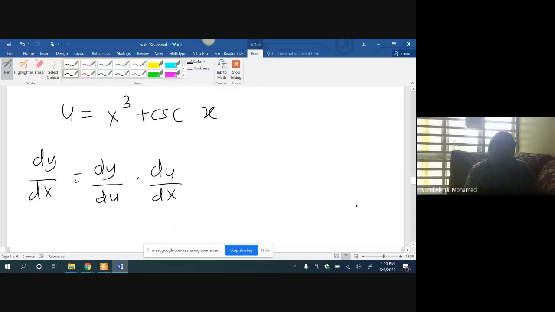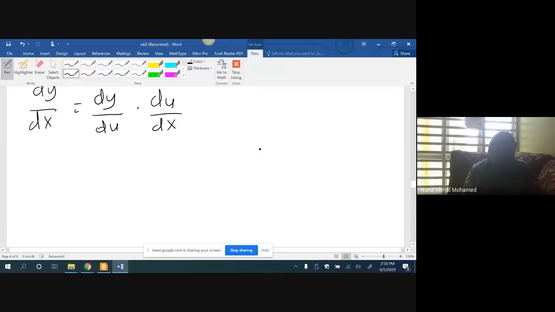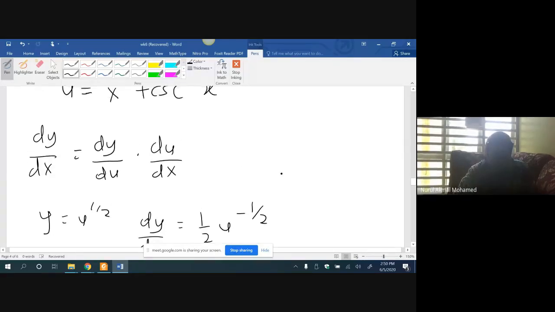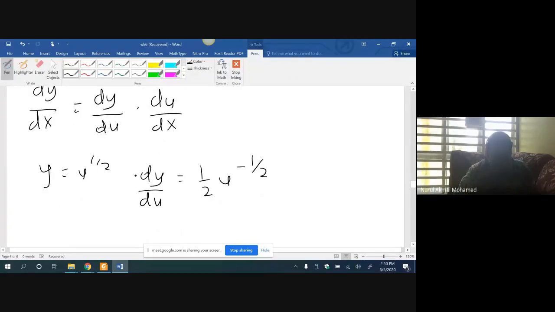If y is equal to u to the power of 1/2, your dy/du is equal to 1/2 u to the power of negative 1/2. So this is your dy/du.